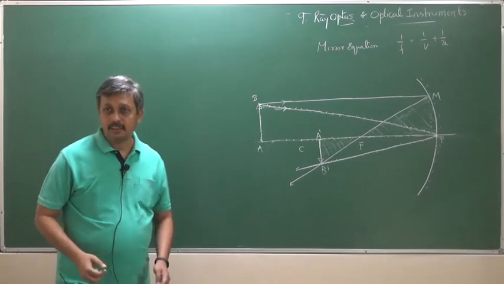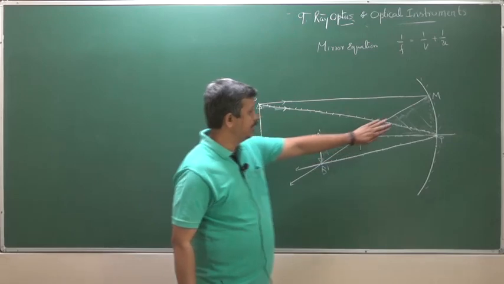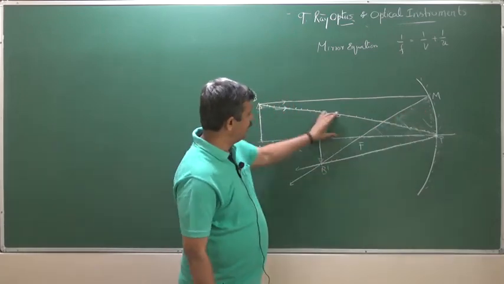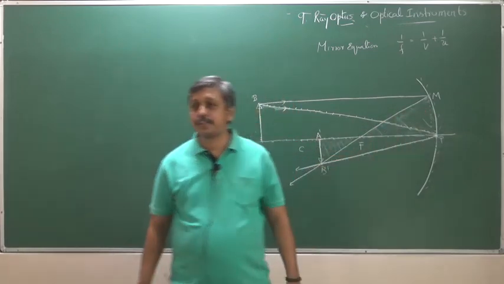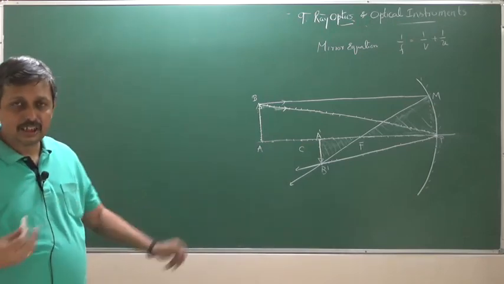I hope you can actually get a better view of triangles here. Now this triangle and this triangle, then this triangle and this triangle, I'm going to make them as similar triangles. Okay, let's consider them.